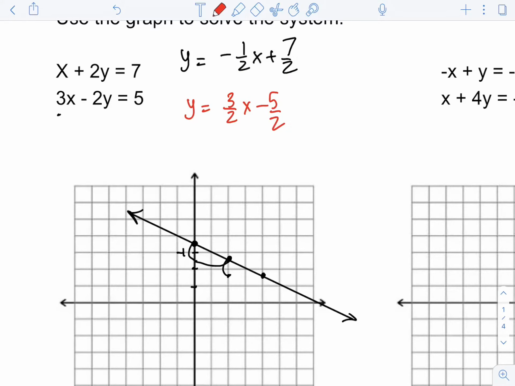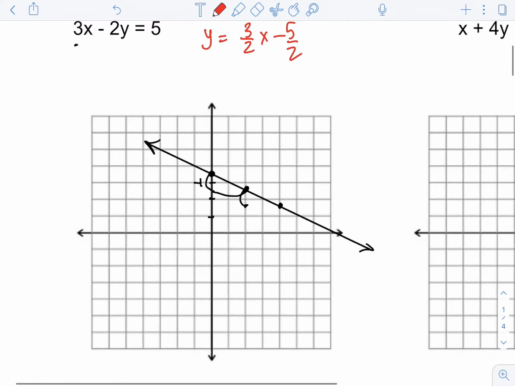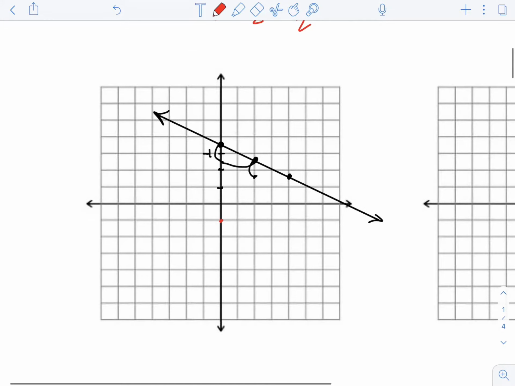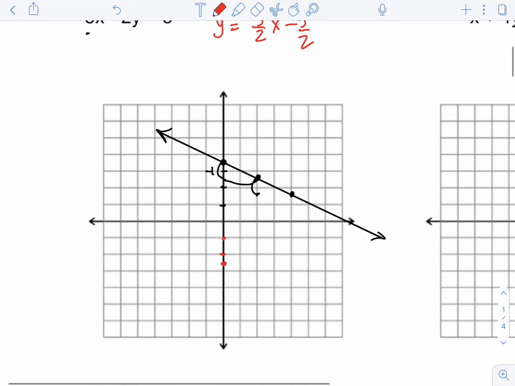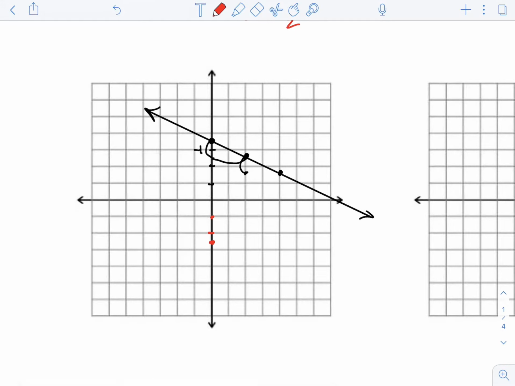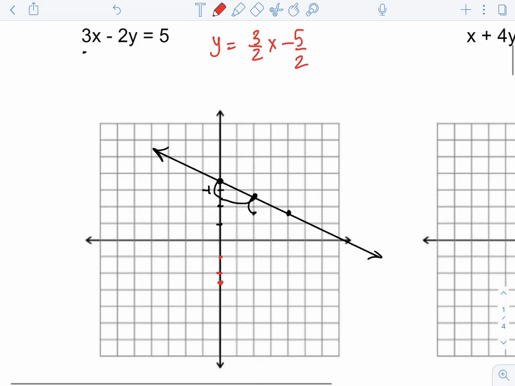So now let's actually graph this. Minus 5 halves, that's negative 2.5. So, -1, -2, negative 2.5. Now we know it's going to rise by 3 and run by 2. So with that information, what we can write is, because this is -2, negative 5 halves.